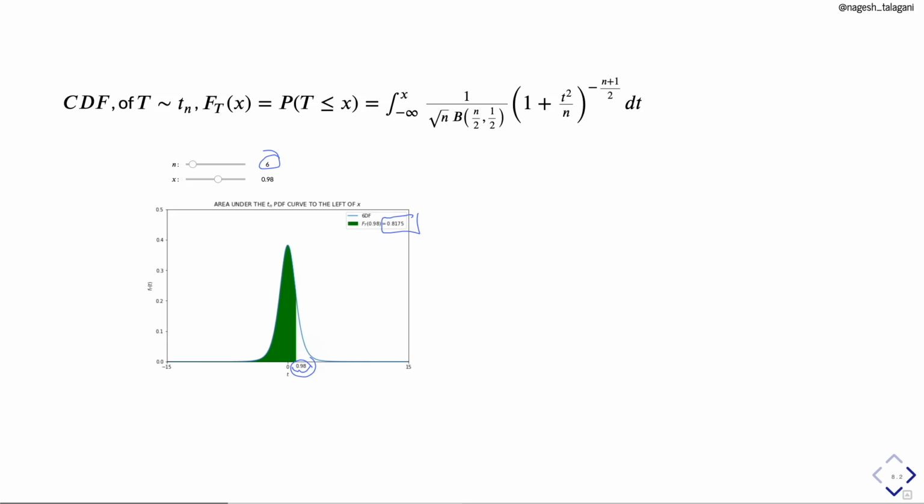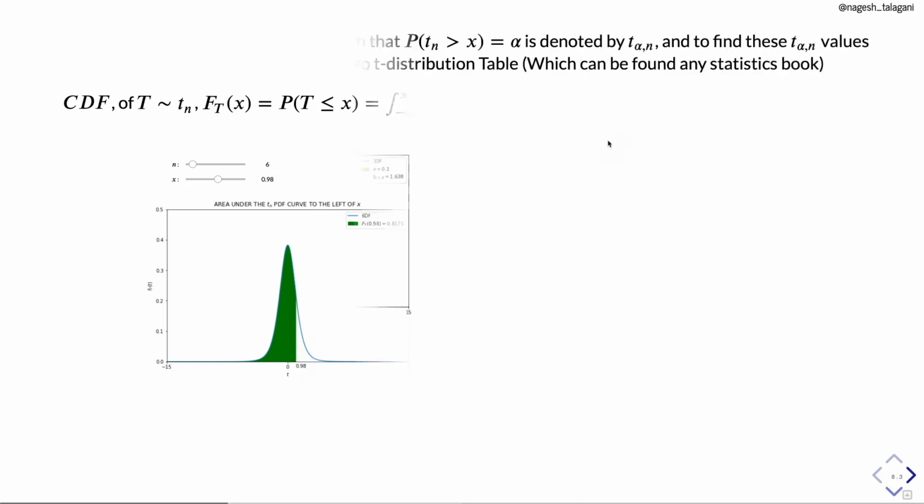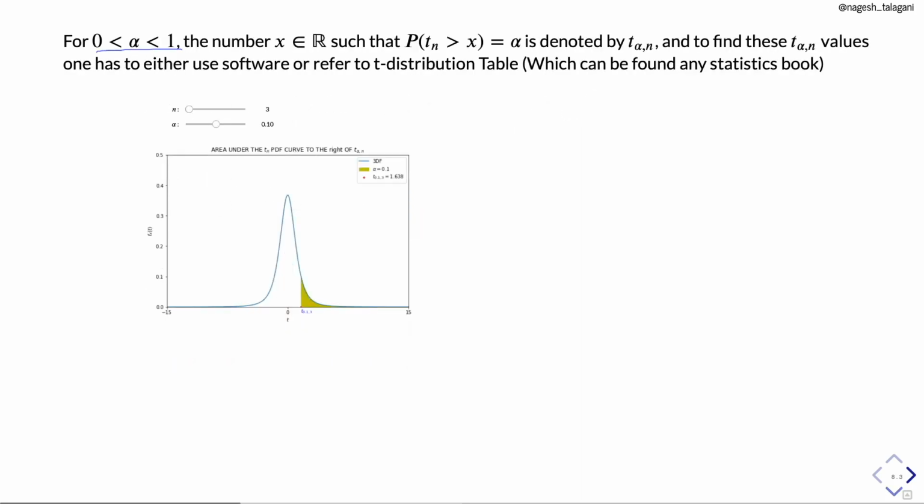Fine. For 0 less than alpha less than 1, a real number x such that probability of t_n greater than x equals alpha is denoted by t_{alpha,n}. This t_{alpha,n} is the location on the real line for which the area under the PDF of t_n to the right side of this location equals exactly alpha.